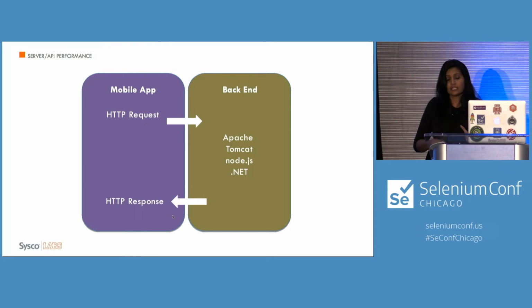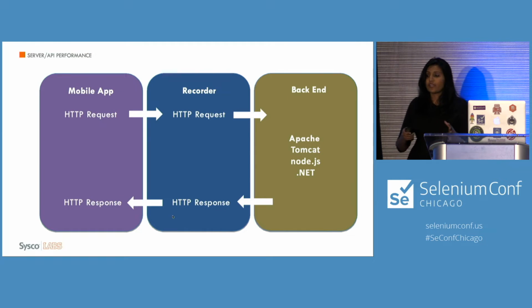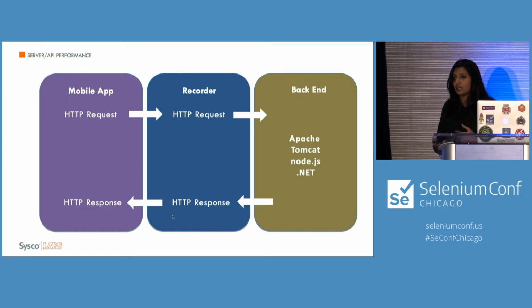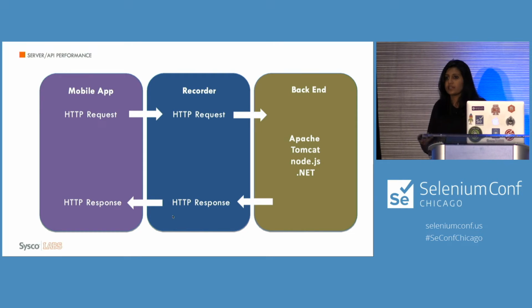So basically, this is the idea: the HTTP request goes to the backend, and then the responses come back to your mobile application, right? Most of the tools that are available for this server API performance testing are paid tools, multiple paid tools, and there's open source as well.